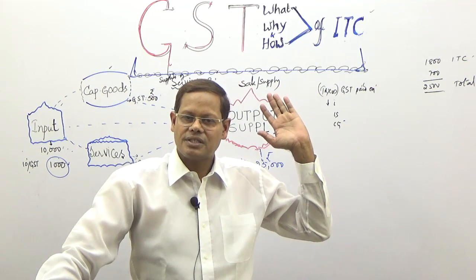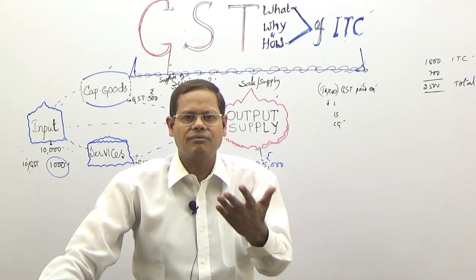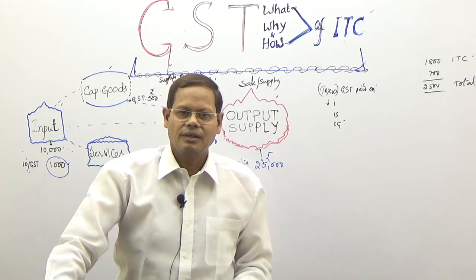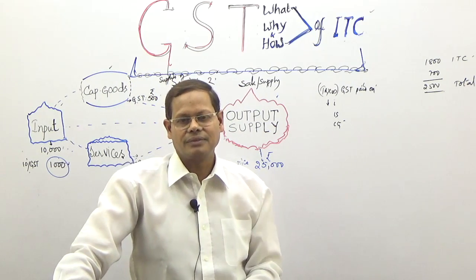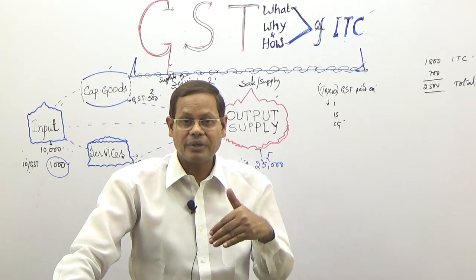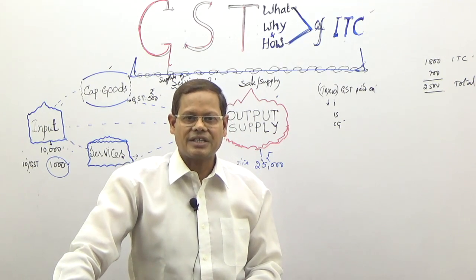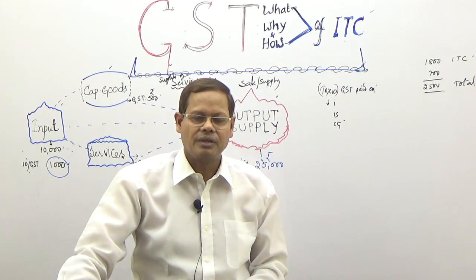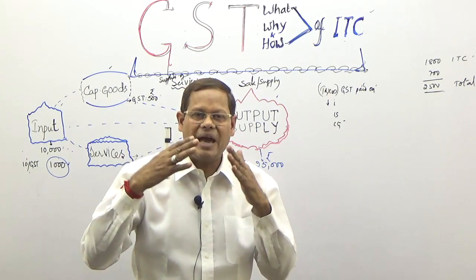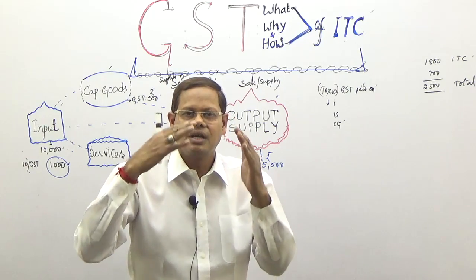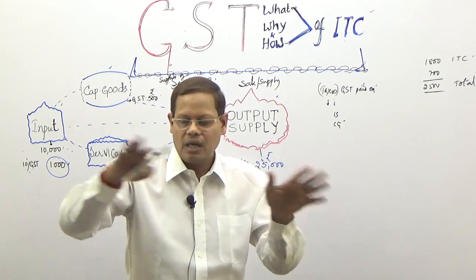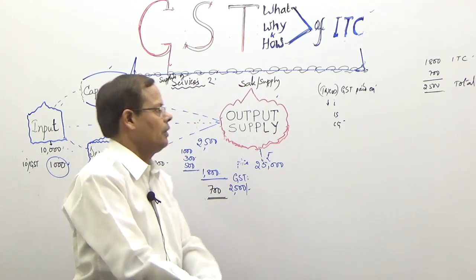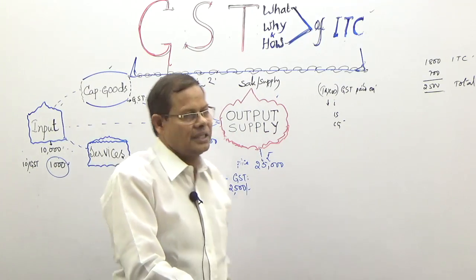So this GST is nothing but the same value added taxation system with an improvement. It is an updated version, you can call it. It is an updated version of value added taxation system in India, because goods and services have been merged. The barriers between state and state, between center and state have been removed now. It's a wonderful idea. So why the ITC?